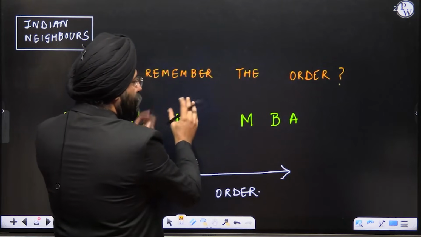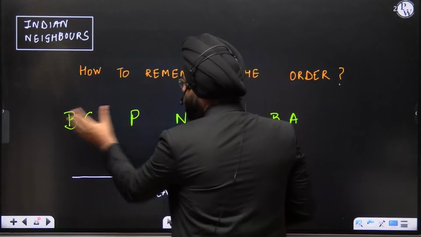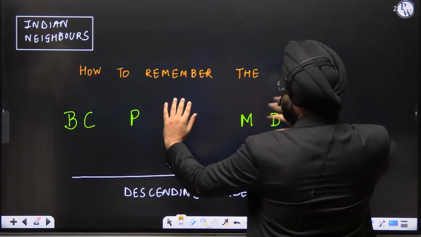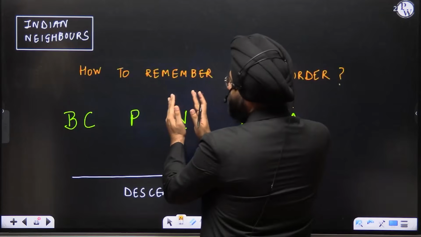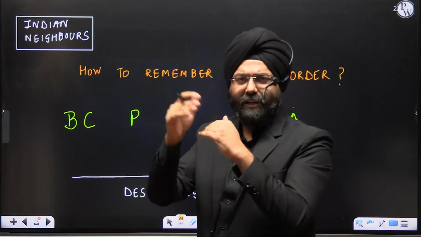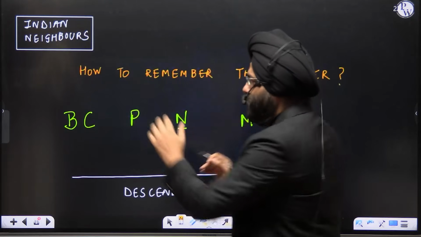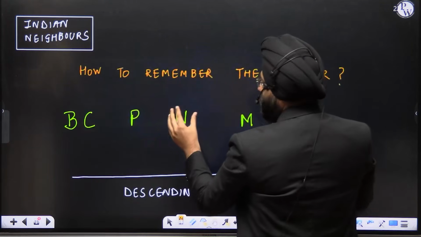Nepal being a buffer country will come in between. How? BC Pakistan, MBA. Nepal as a buffer state comes in between, like Nepal is a buffer state between India and China. So let us take it as a buffer, something between two countries. So BC Pakistan, MBA, and in the middle, Nepal.